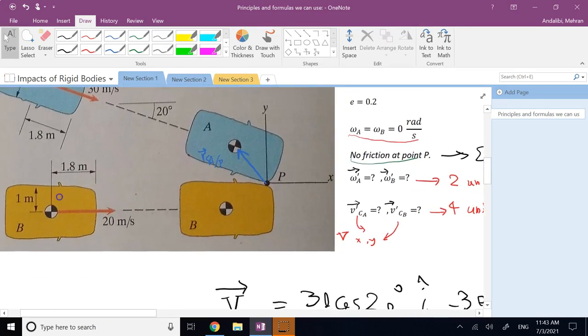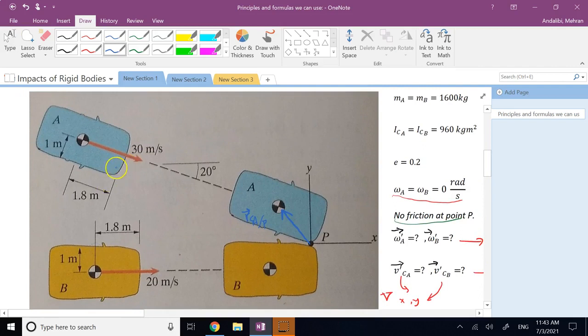It comes from these dimensions. As you can see, it is 1.8 meters along the direction of the car and 1 meter perpendicular to the longitudinal direction of the car, the transverse direction, and they have to both be decomposed with this angle of 20 degrees.